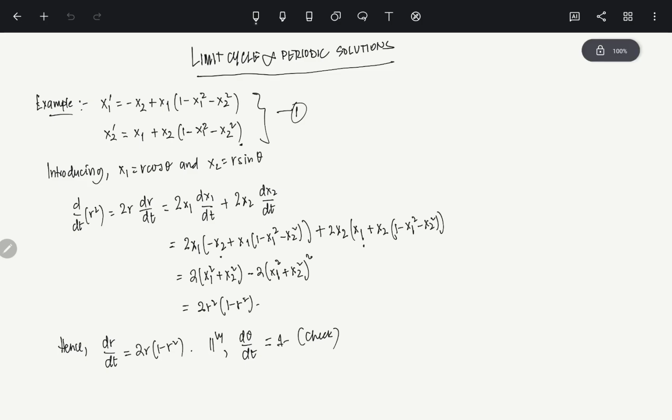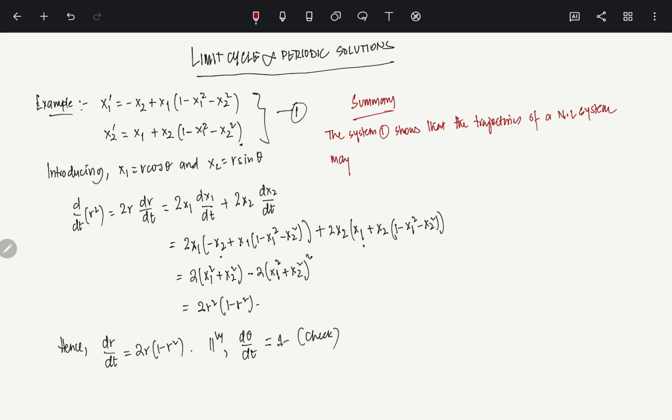Let me just summarize, maybe in red. The differential system 1 shows that the trajectories of a nonlinear system, this is one of the examples, may spiral into a simple closed curve.